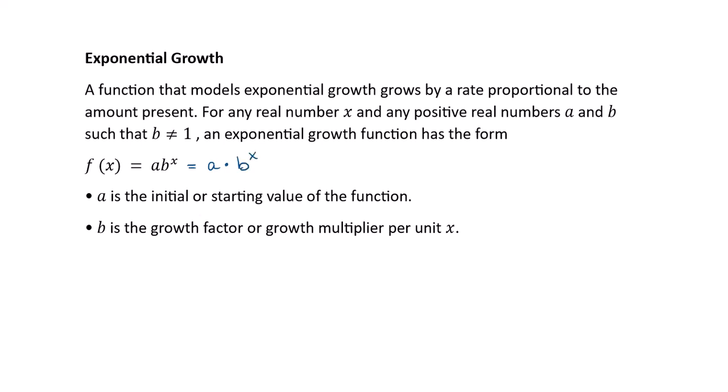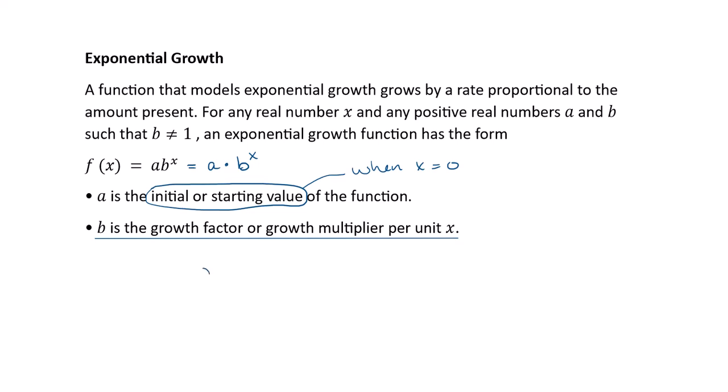It's important to note that the exponent only belongs to the base b. a is a coefficient. Now a is the initial or starting value of the function. What this means is that when x equals 0, you'll find that initial or starting value. b is the growth factor or the growth multiplier per unit x.